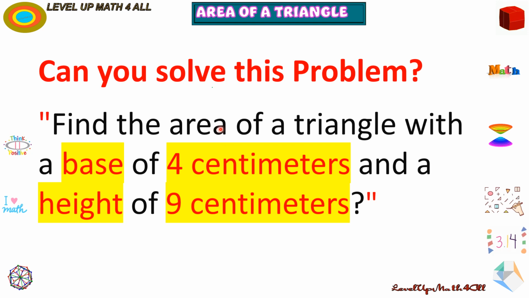Make sure that when we find the area of a triangle, square, rectangle or circle, anything, if the data is given in meters, the answer will be in square meters. Same thing here, the given base and height are in centimeters, so the answer will be in square centimeters. Don't get confused. That's it, particularly for the area.